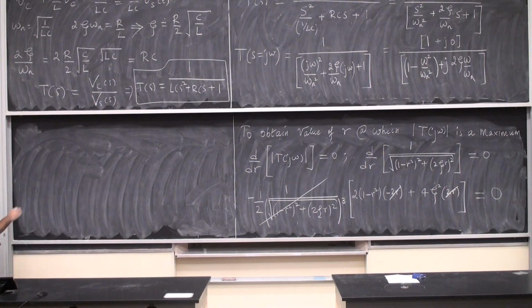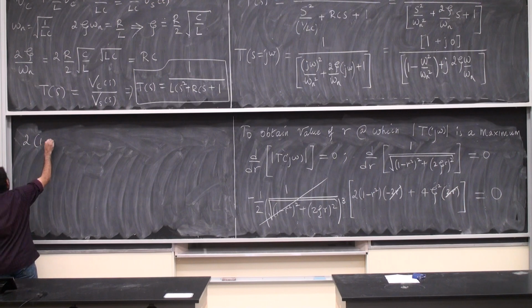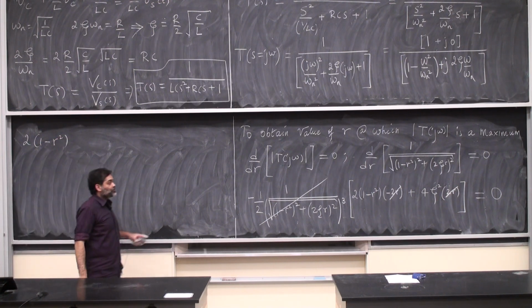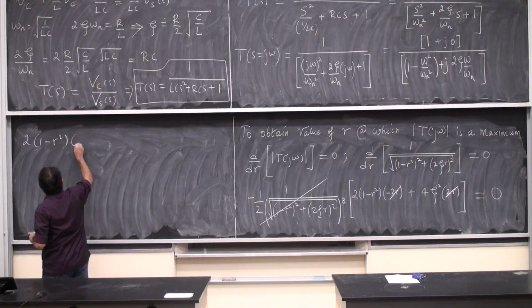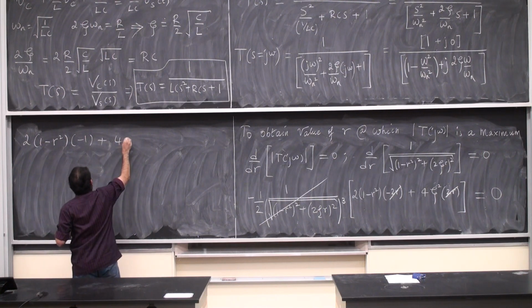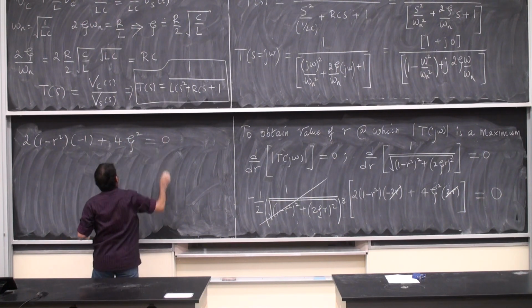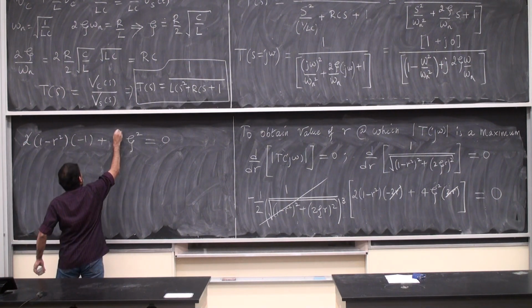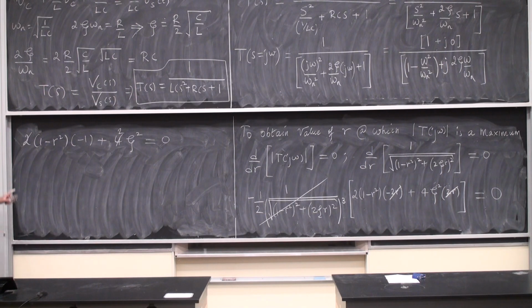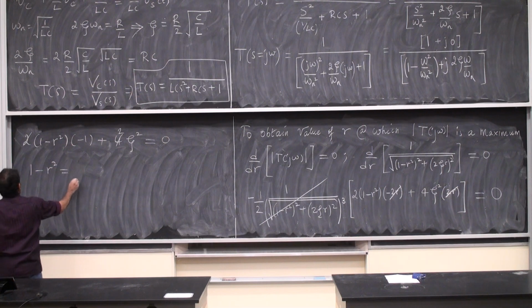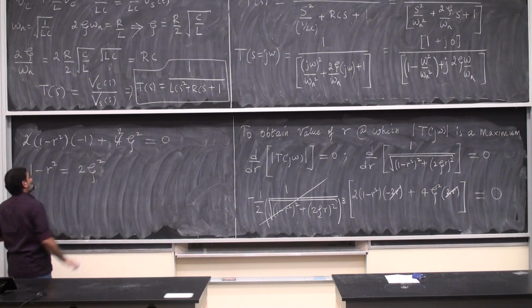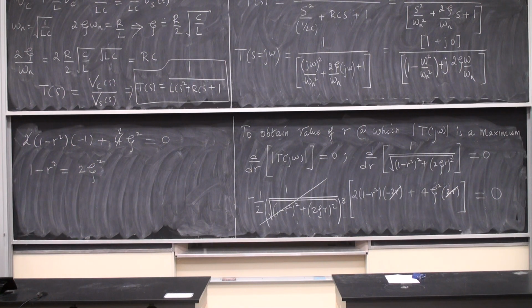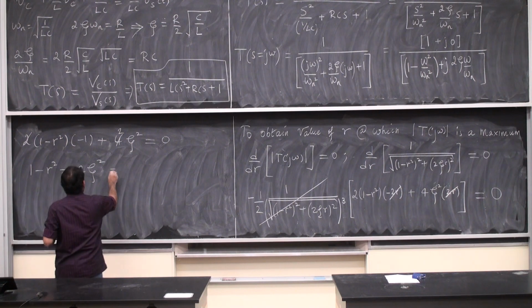So I end up with 2 times (1 minus r square) to the power negative 1, plus 4 zeta square is equal to 0. There's a factor of 2, so this becomes: negative sign, bring it onto the other side, so I have 1 minus r square is 2 zeta square, or r square is 1 minus 2 zeta square.